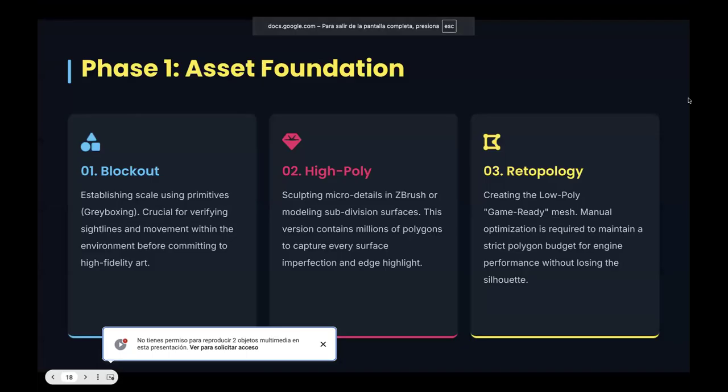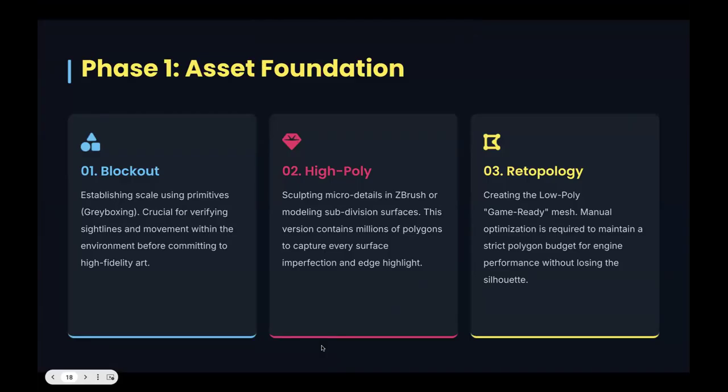What do I mean by retopology? I was going to show you something in Blender, but I think we can explain it well enough. Basically, we make a pretty heavy asset with a lot of polygons, triangles, and vertices, and each vertex in the model represents a value the computer has to render and load.